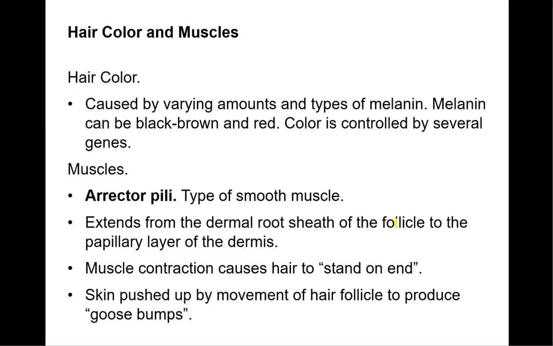For the hair color, it's caused by the amount and type of melanin, just like with skin. Melanin can be black, brown, and it can also be red. So there's a black, brown melanin, and then there's a red melanin. The erector pili muscle is a smooth muscle that's attached to each hair follicle, and it causes the hair to stand on end and produce goosebumps.